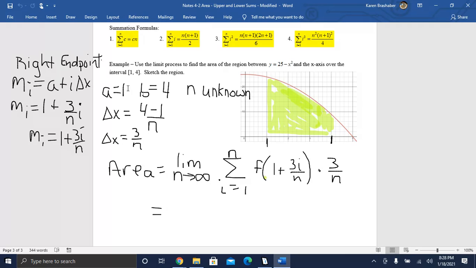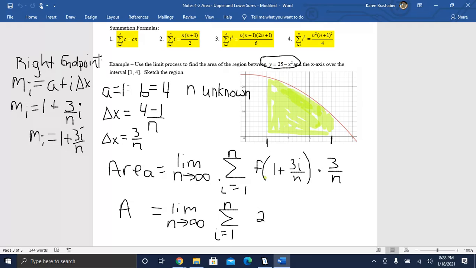So our area is going to equal the limit as n approaches infinity of the summation from i equals 1 to n. And so now we're going to use our equation.